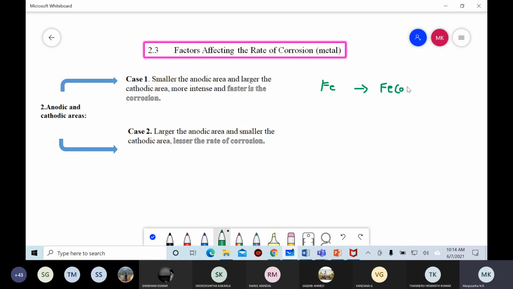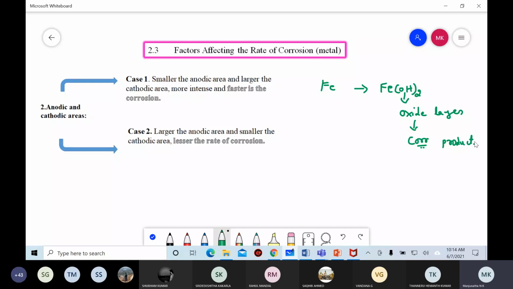There is a formation of an iron hydroxide layer. This is an oxide layer, and this oxide layer is called a corrosion product. Is it clear?